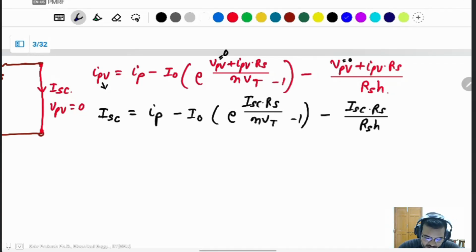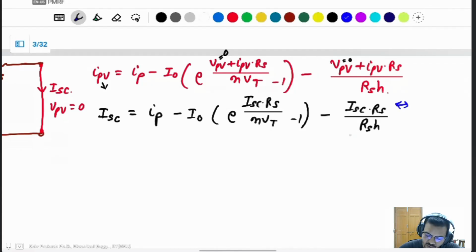This is talking about a cell. A cell's open circuit voltage is 0.6 volt at maximum only. The short circuit current is also less for a cell. A number of cells are connected in series and parallel to make a higher voltage and higher current rating. Same thing, the series resistor is very small, in milliohms, and the shunt resistor is very high in this condition.